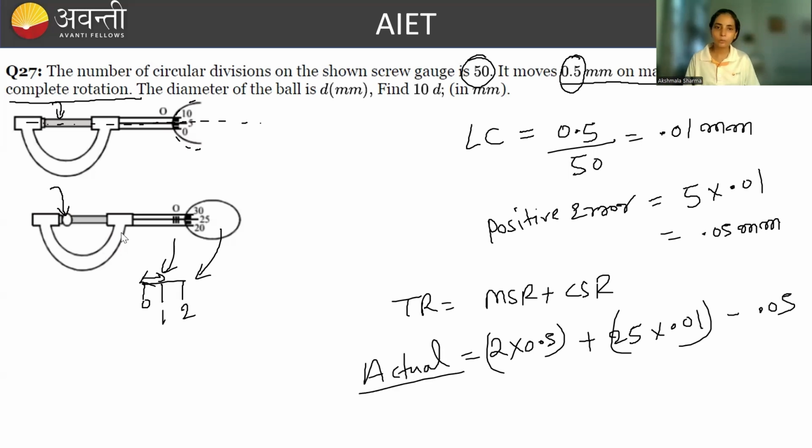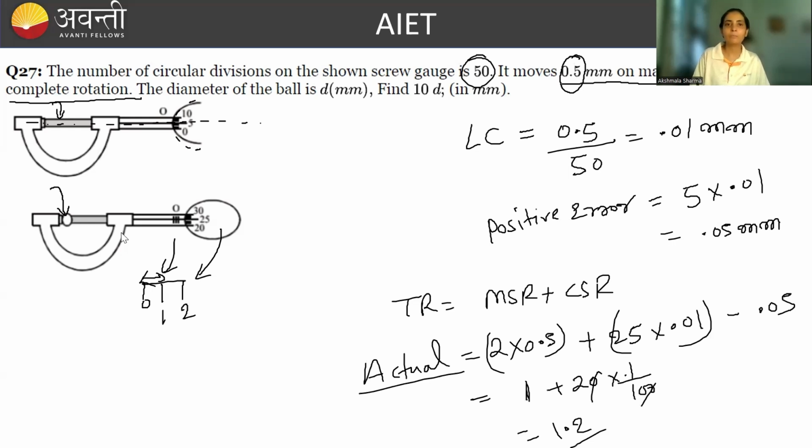So this will be equal to 1 plus, 25 minus 5, that is 20, 20 into 1 by 100. So this is equal to 0.2. So this is 1.2. This is the reading we will get out of this device.